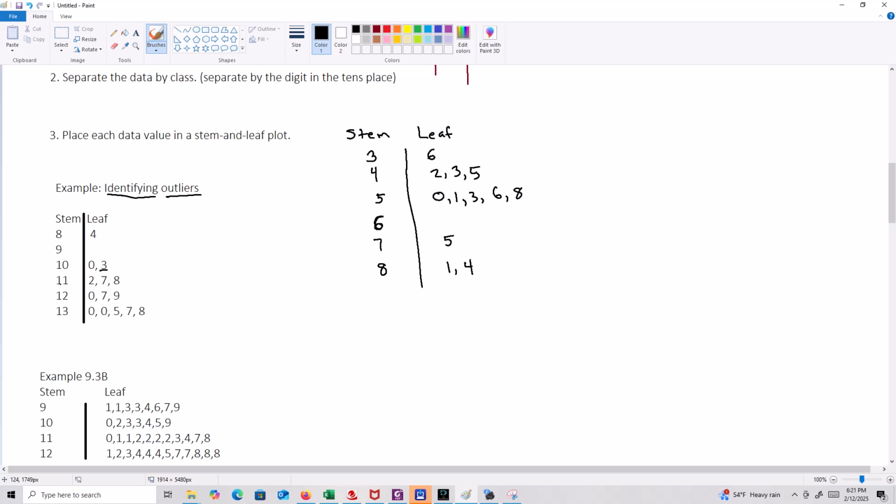Sorry, back up. These numbers right here, we're just concatenating these two. So 10 is in my hundreds and tens place. This line right here represents 100 and 103.